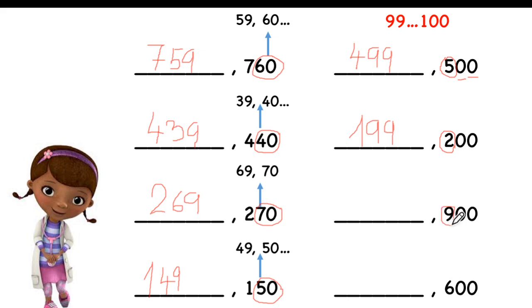So 900 minus 100 will be 800. And the number before 100 is 99. So before 900 we have 899. 600. Which hundred comes before 600? 500. But don't forget the 99.